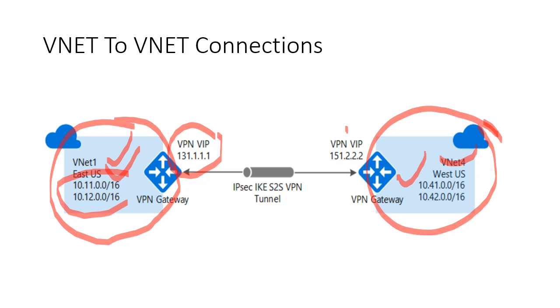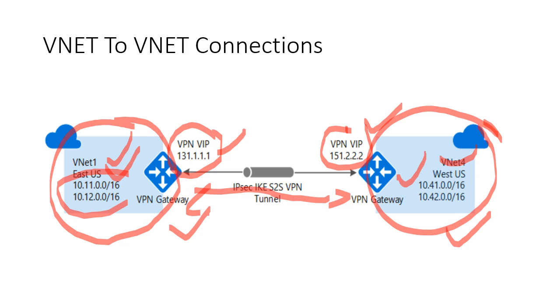One tunnel is using this. You can treat this as the public IP of the VPN device on the VPN network gateway in East US, and this is for West US. So traffic travels from the active device from your virtual network in East US to West US. So it's kind of like site to site VPN, but between your Azure virtual network gateways, Azure sites to Azure sites, sorry.